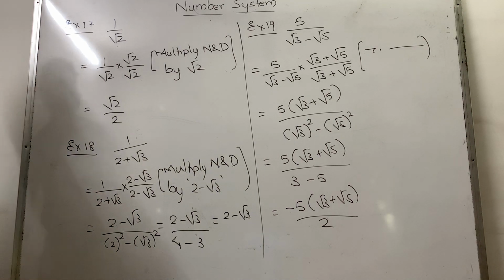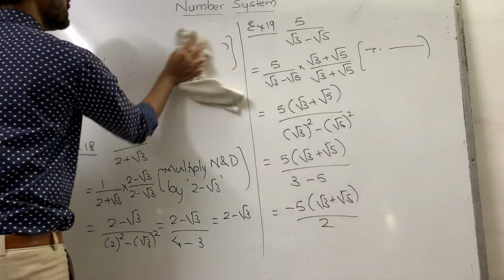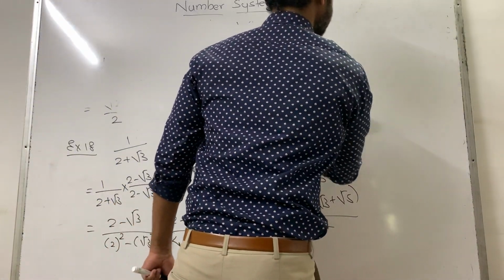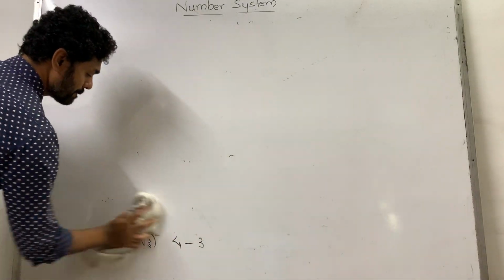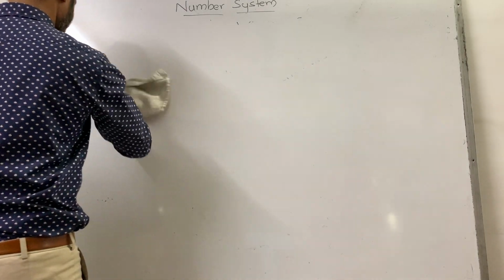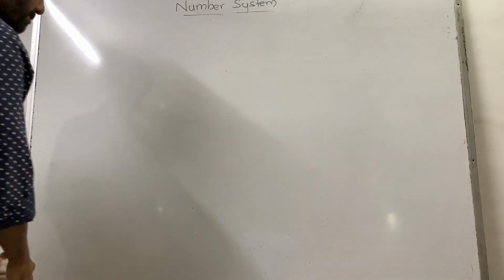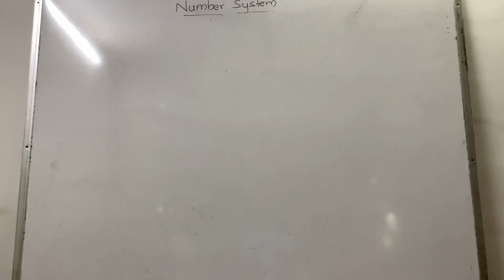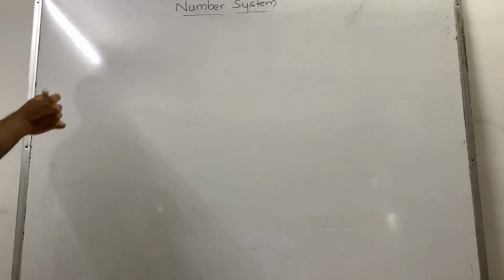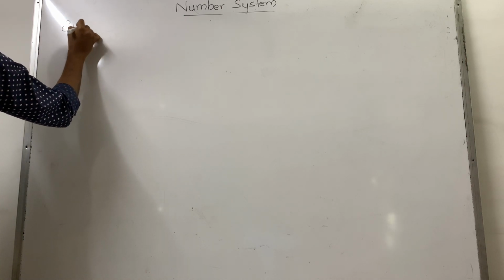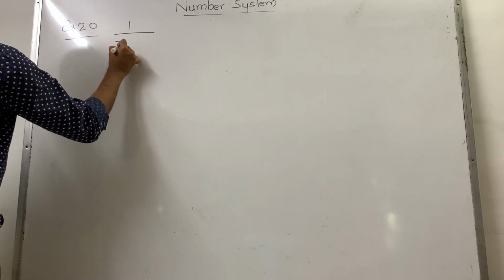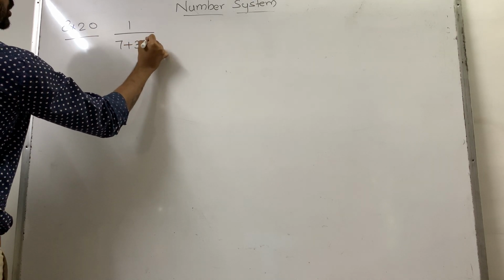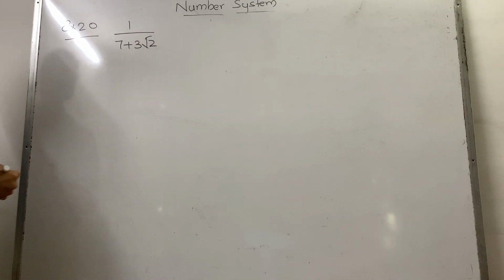Now let's take example 20. In example 20, they have asked us to rationalize the denominator of 1 by 7 plus 3 root 2.